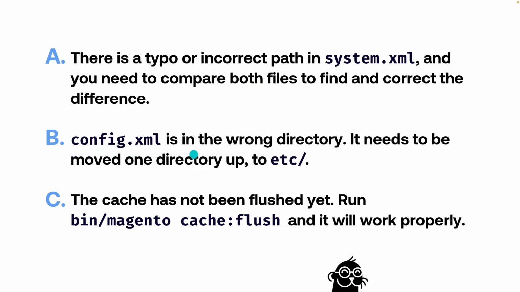The config.xml is in the wrong directory. It needs to be moved up one directory to the etc directory. Now, here is where I threw together a quick example, and I wanted to check this out for myself. Actually, I did not write this question, but I get the pleasure of creating an answer video for this. Let me preface it this way.